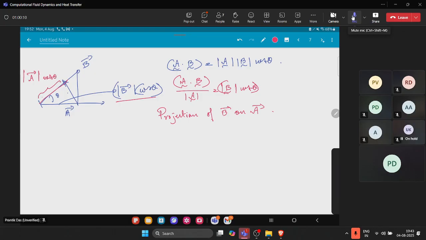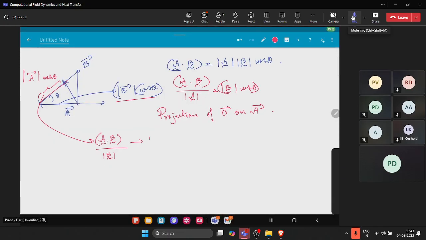Okay, so then this part is basically A vector dot B vector by magnitude of B vector. So this is the projection of A vector on B vector. Okay, so is it clear to all of you?